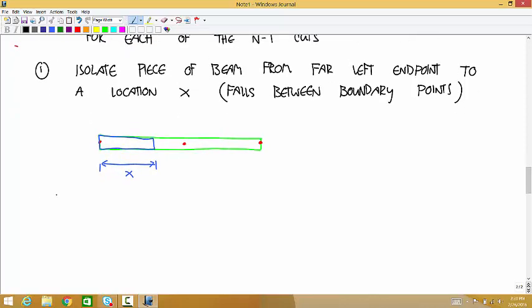Second, draw a free body diagram, including the internal loads at the cut.